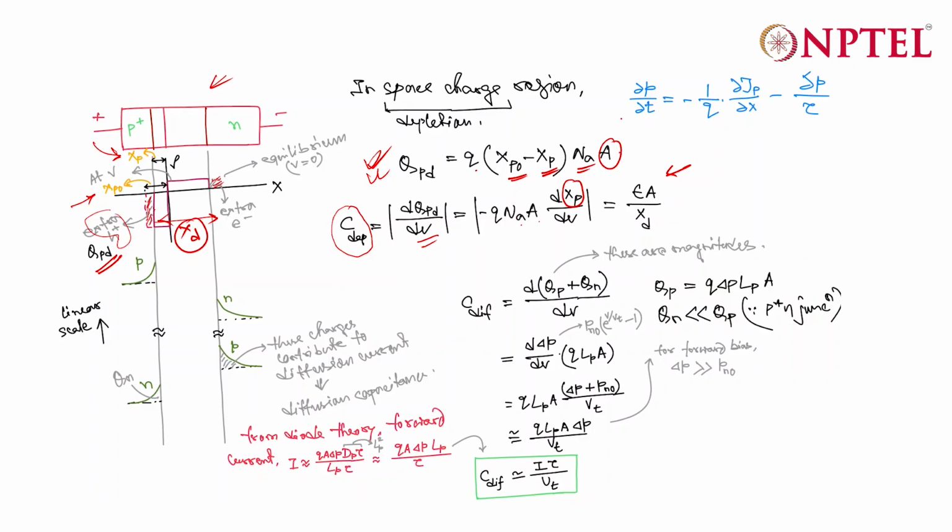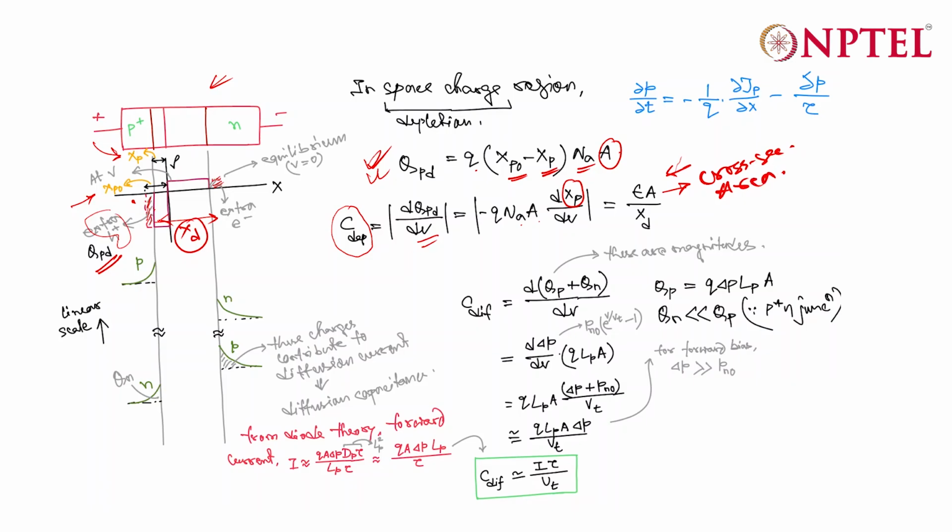A is the cross sectional area, so the cross sectional area is into the plane. This is the kind of cross sectional side view. So this particular A is the cross sectional area.